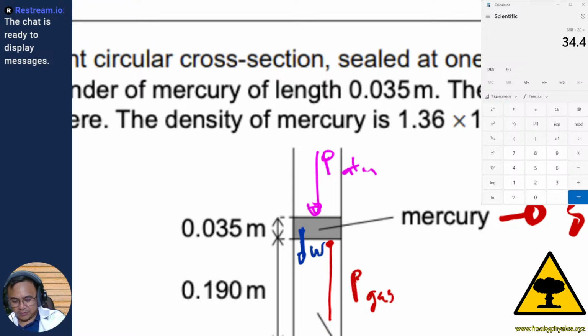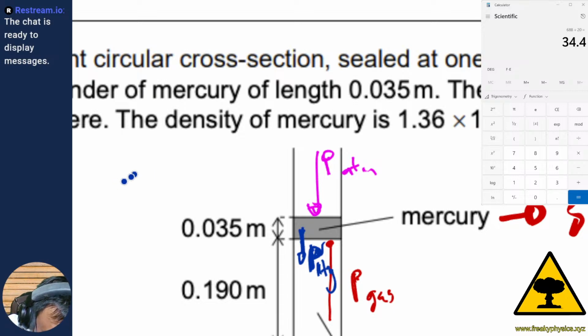Now, the reason why we have to do this is this mercury. I'll just call it pressure from the mercury as well. Now, this will work because the areas are all equal.